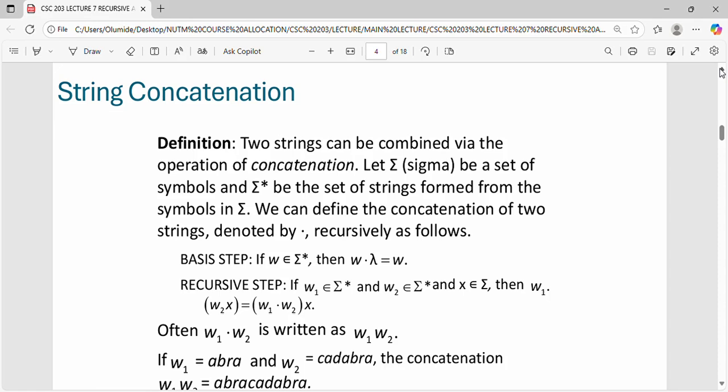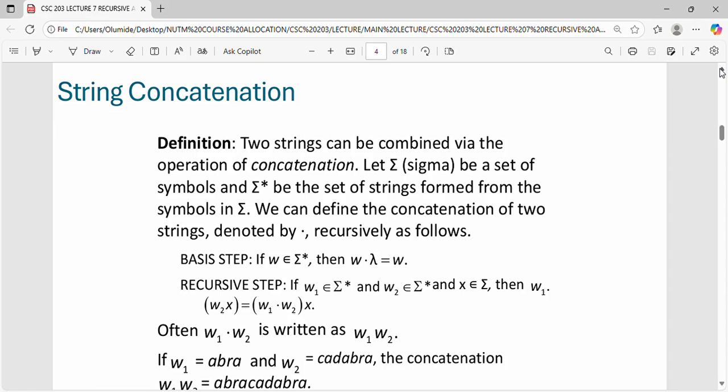We can define the concatenation of two strings, denoted by a dot, recursively as follows. The dot simply signifies the operation of concatenation.